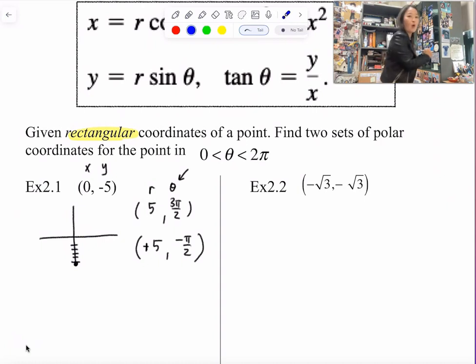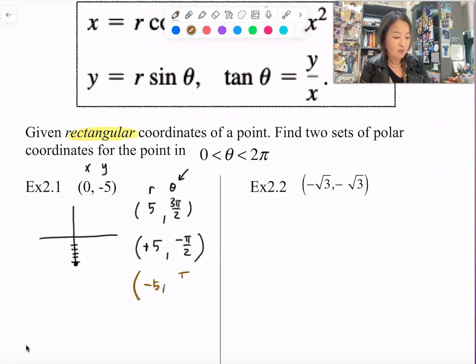But what if I wanted to go pi over 2 this way? I have to go backward, not forward, because otherwise I'll be in the wrong quadrant. So I could also go this way: -5, but I have to go pi over 2. So I went pi over 2, I'm here, but I have to go backward.